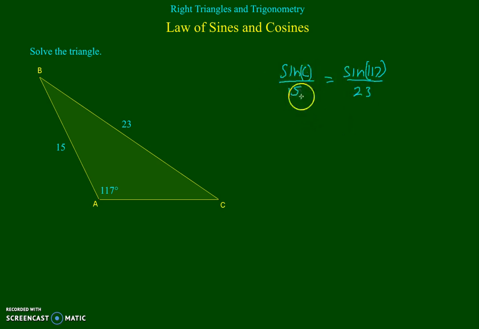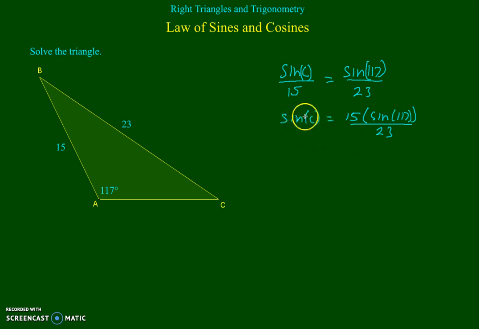Solving for sine C, we have sine C equals 15 times the sine of 117 all over 23.